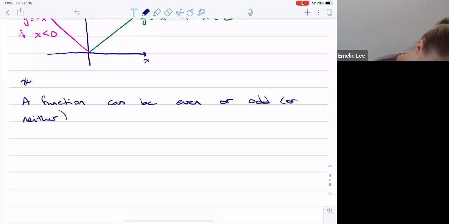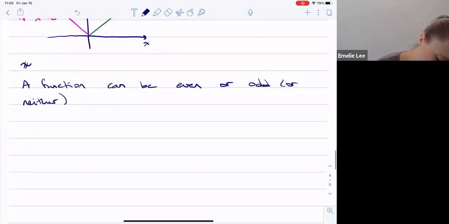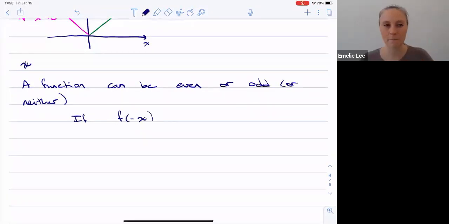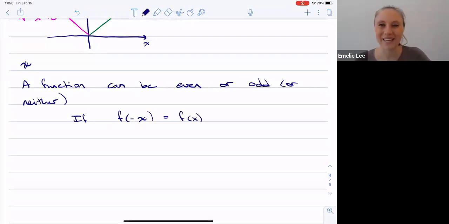I'll show you, most commonly it's neither even nor odd, because even and odd have these very specific criteria, right? And so if you're able to take f of negative x, okay, and you can kind of rework it and massage it and return just f of x, then f of x is going to be even.